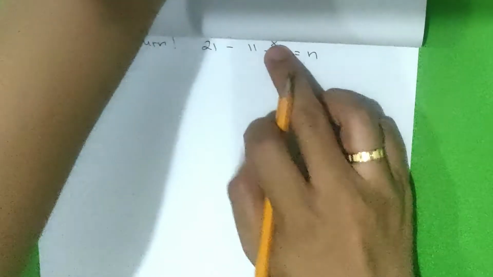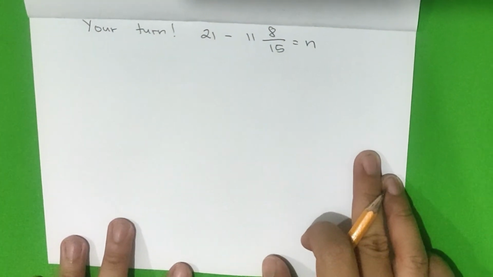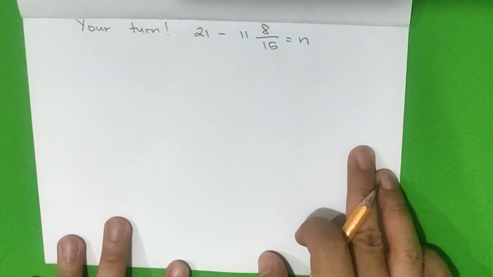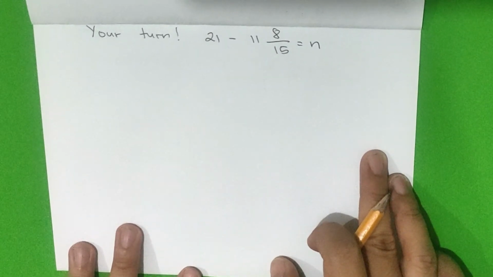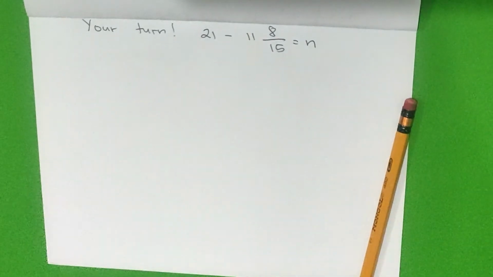Now, it's your turn. 21 minus 11 and 8/15 is equal to n. I will give you 1 minute to answer this one.